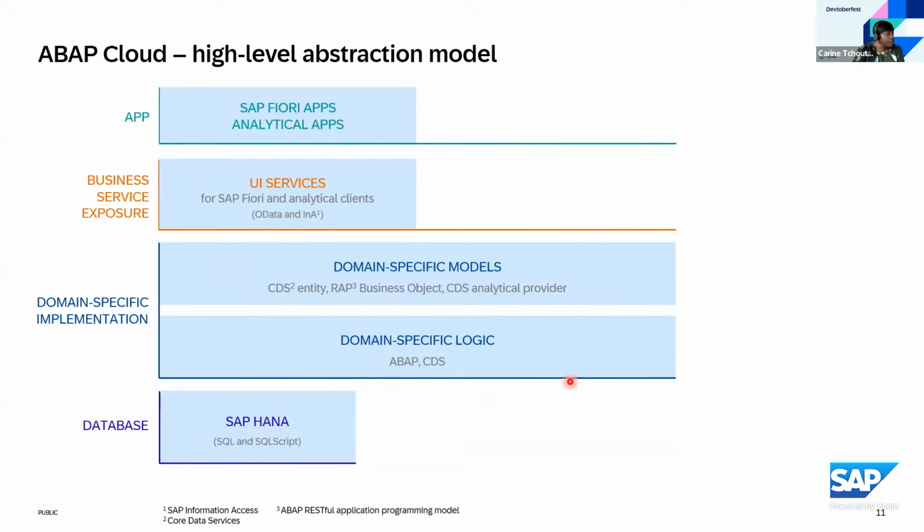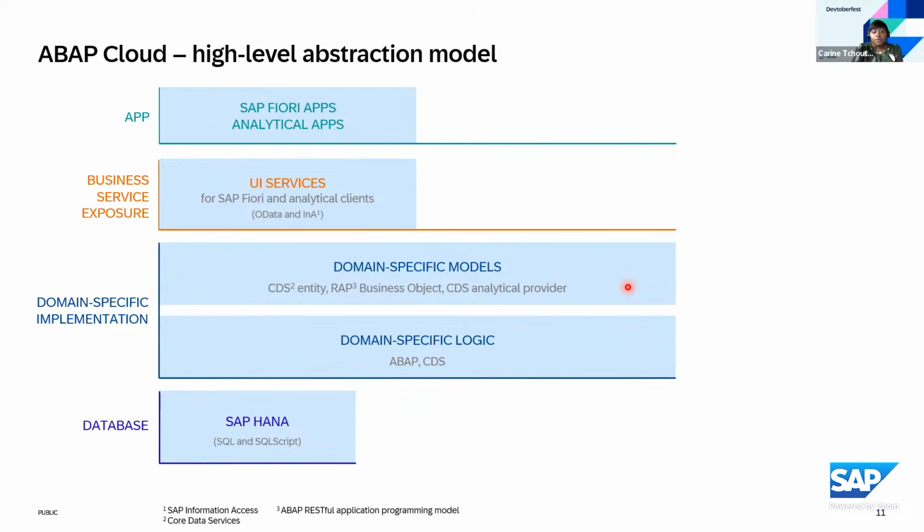On top of that, we have the domain-specific logic, which is implemented mainly with the ABAP language and ABAP core data services, so CDS, our data modeling infrastructure for building advanced data models on top of the SAP HANA platform. And the level just on top of it, we have the domain-specific data models.